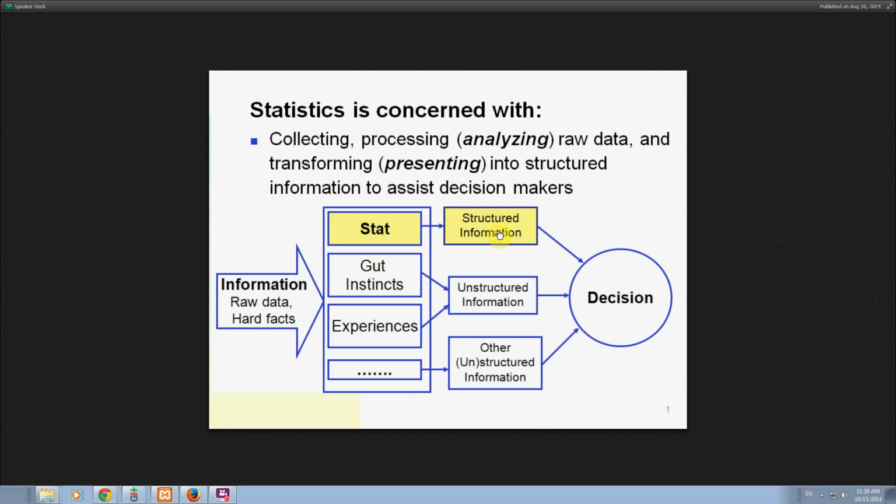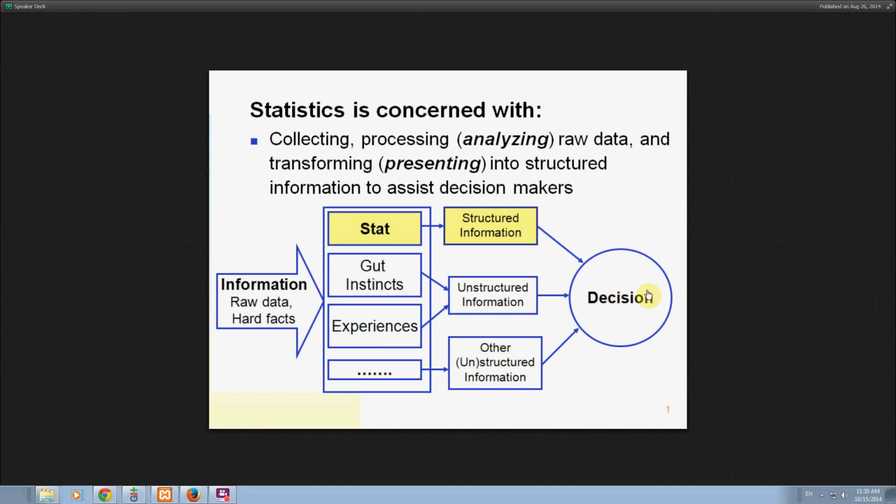And then the structured information that's presented for decision making will be based on objective characteristics rather than colored by how we feel or what experiences we've had. And so it should be the same every time.